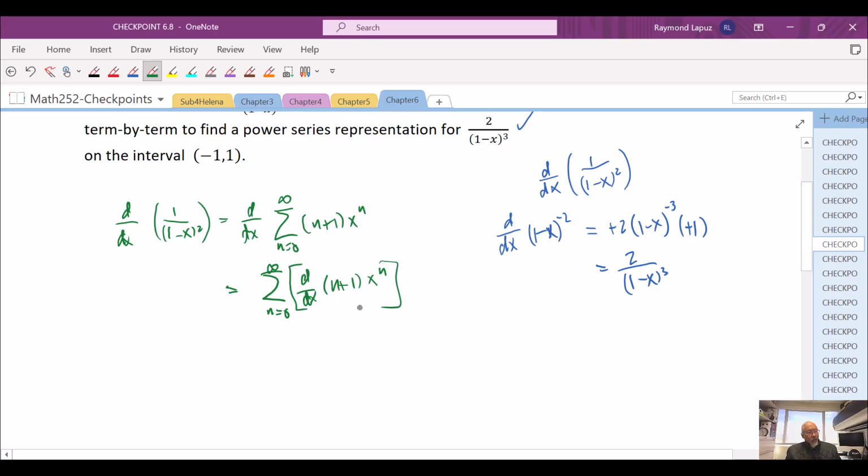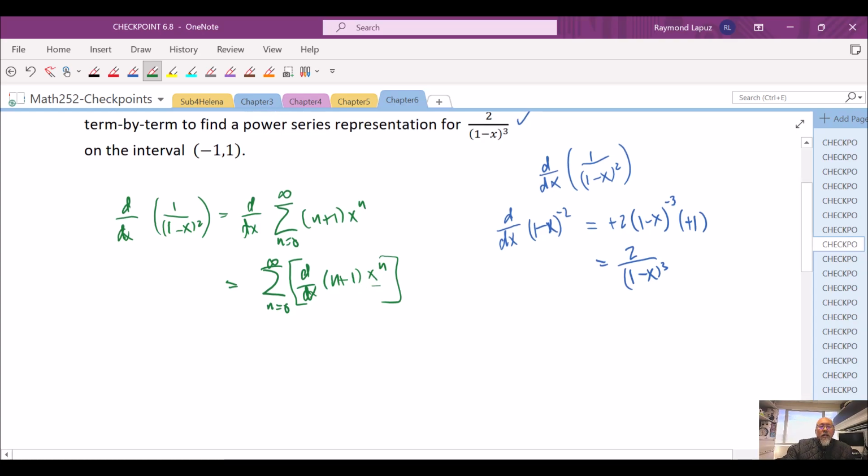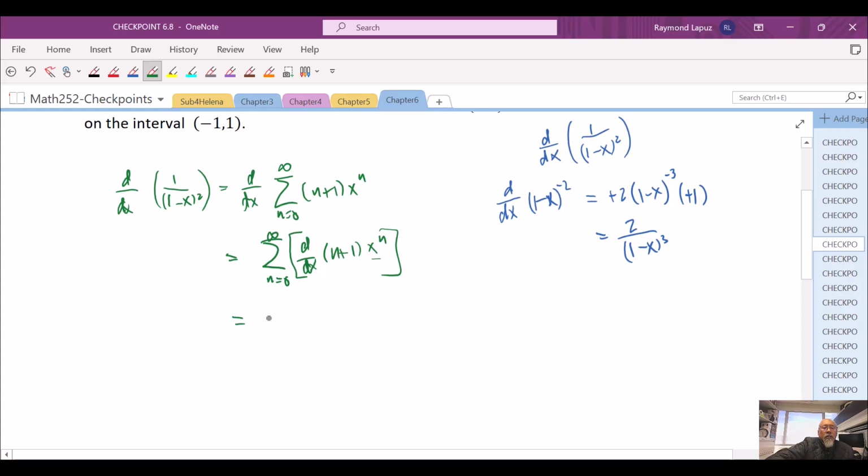And if we do that term by term, then we can figure out what's happening inside. n plus 1 is a constant, and so the derivative of x to the n is just going to be n times x to the n minus 1. So by taking that derivative inside, this will be (n plus 1) constant, and then the derivative of x to the n is going to be n x to the n minus 1. So that would be it.